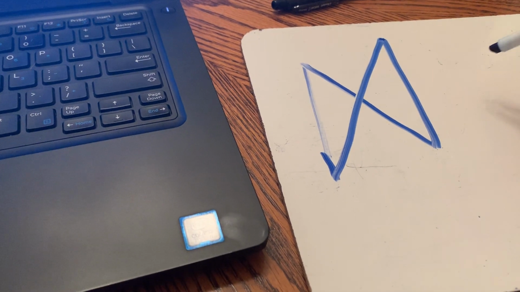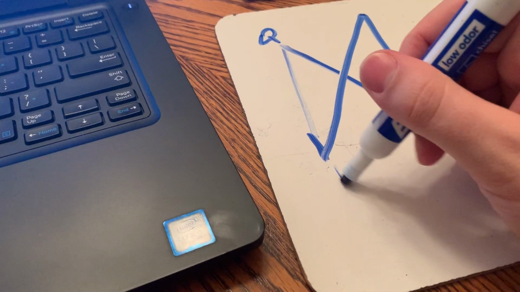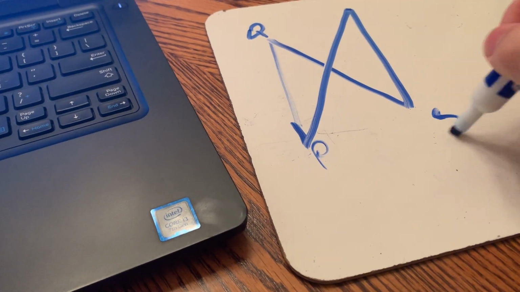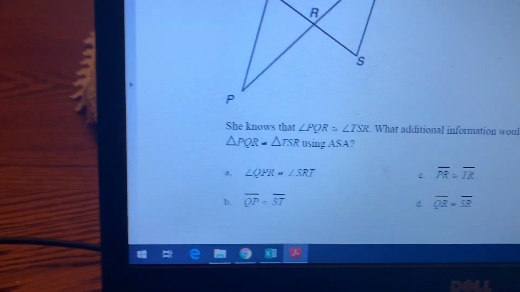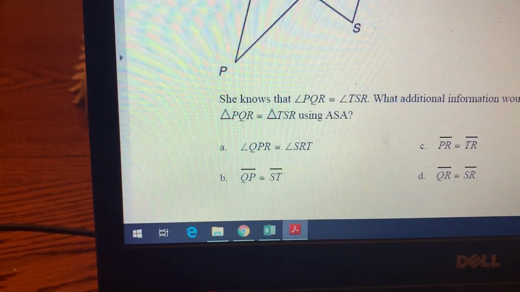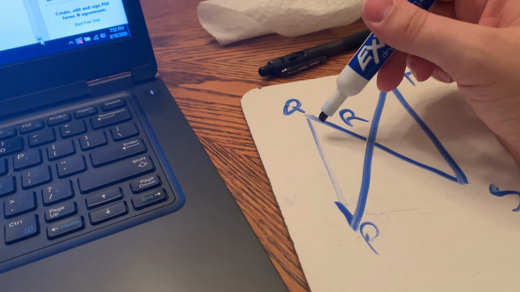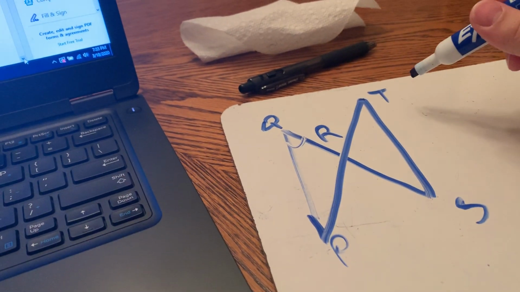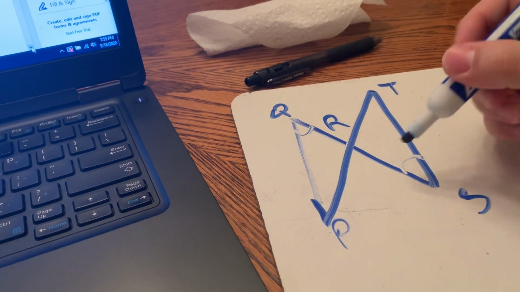Okay, there we go. So not quite as angled as the problem is, but let me draw it out. All right, so it says PQR congruent to TSR. So PQR, that angle, TSR would be that angle.